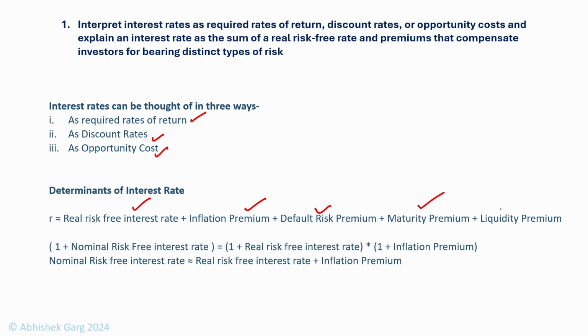And the last premium is liquidity premium. Why is there a liquidity premium? Because the government bonds are very liquid. You invest into a government bond, you can sell it at a fair value at any time you want.